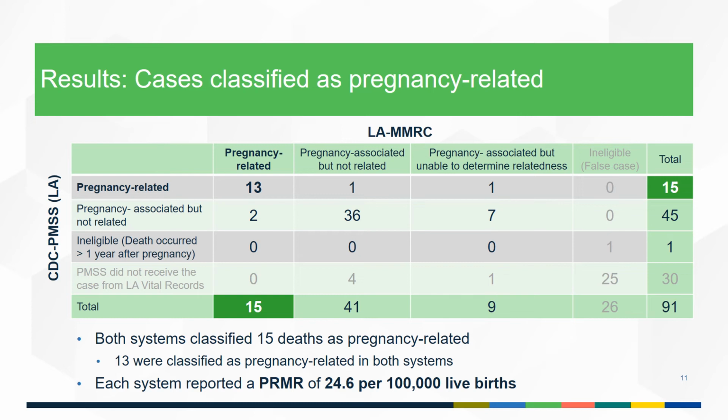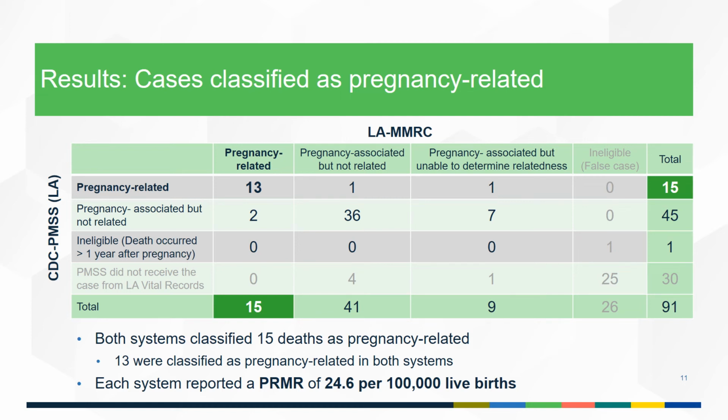For results, PMSS reviewed and classified 61 Louisiana deaths. Louisiana's MMRC identified 91 deaths, of which 26 were classified as false cases, resulting in 65 cases being reviewed and classified by the MMRC.